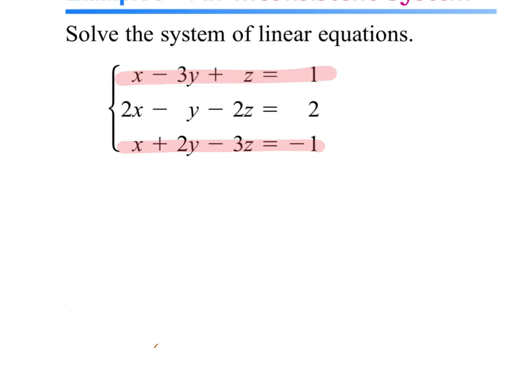Yep. We can multiply the first one by negative 1, so just change the sign of everything. Combine it with the last one, so we get our x's to cancel, 5y minus 4z is equal to negative 2.